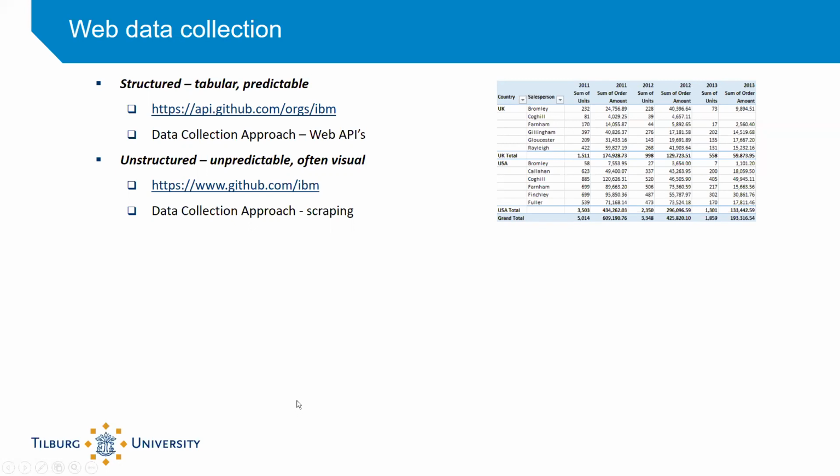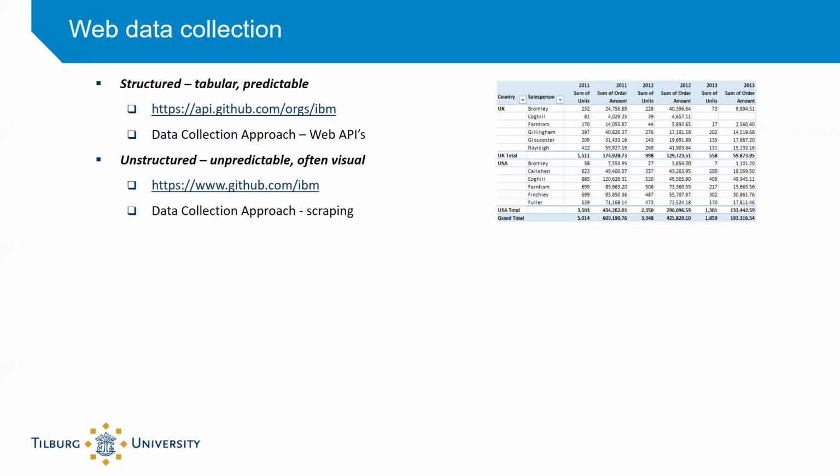When you're looking at data that is on websites, you're faced with two kinds of data. One is structured data. Structured data is nothing but very predictable data, and it has this nice tabular format. The best way to think about structured data is that it looks like an Excel sheet.